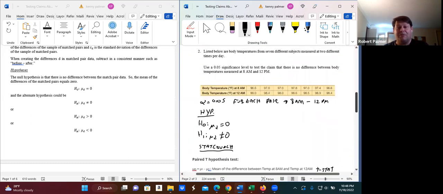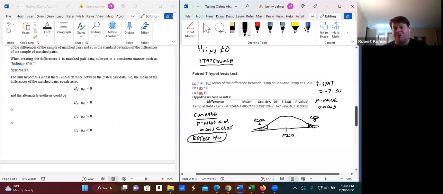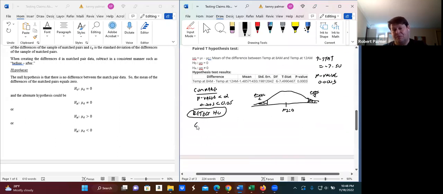So the claim was that there's no difference between body temperatures at 8 a.m. and 12 p.m. Okay, so there's enough evidence to reject that claim.